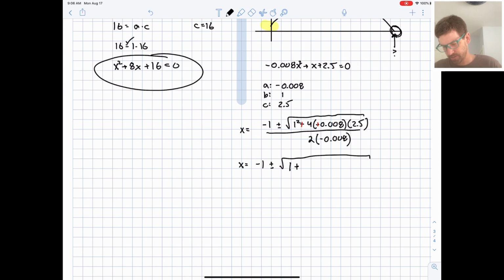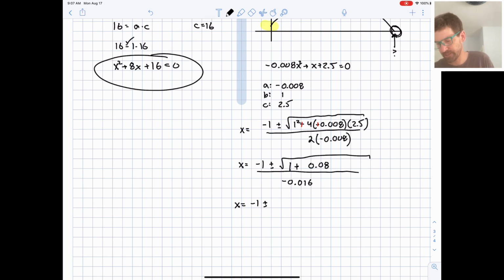I'm just going to do 4 times 2.5 times the 0.008 in my calculator, and I get 0.08 because the 4 times 2.5 turned into a 10. We just moved the decimal place. And in the bottom, this turns into 2 times negative 0.016. So we can find the square root of 1.08.